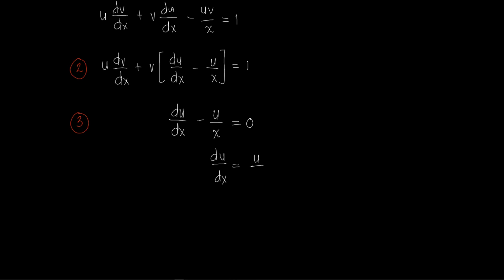Then we separate the variables: du over u is equal to dx over x.